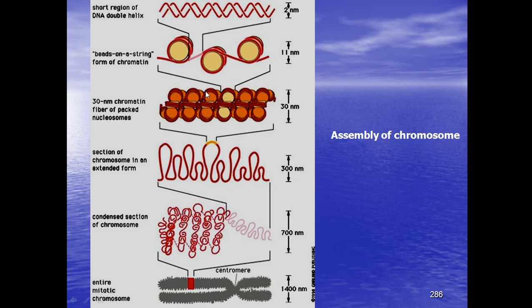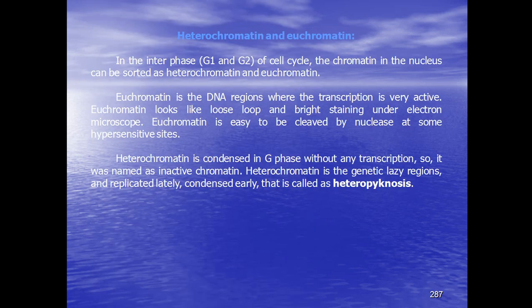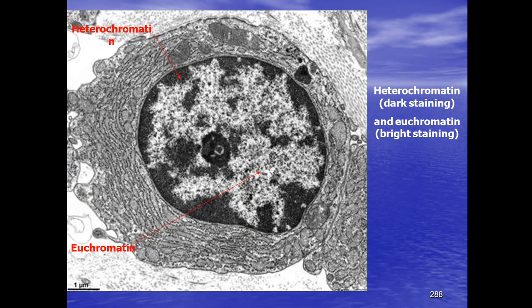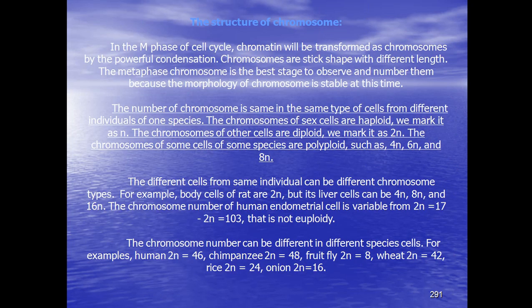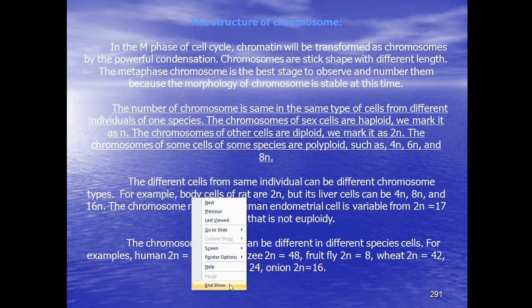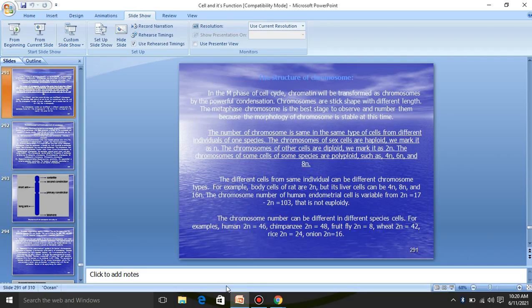Beads go for further foldings, and ultimately they are represented in the form of a chromosome. About heterochromatin, euchromatin and all these things, I will take it in the next class, because in the next class I have to take the discussion of this DNA.